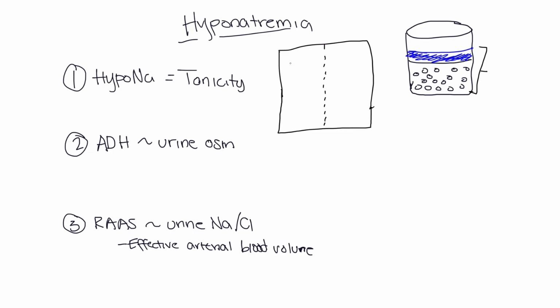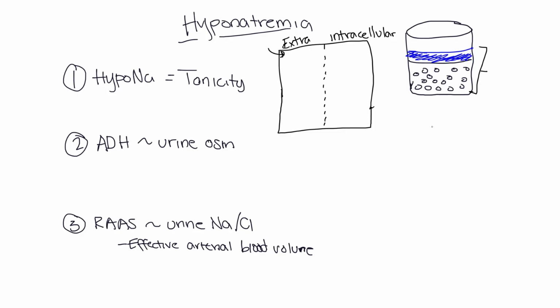Okay, so I'm going to draw a space where we have the extracellular space and the intracellular space. Normally, when we measure a BMP, we're measuring the extracellular portion of the intravascular space, inside the blood vessel. But we're not measuring the intracellular space, and that's why we get a sodium of 140.